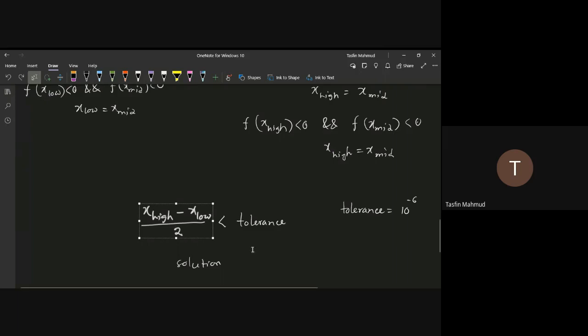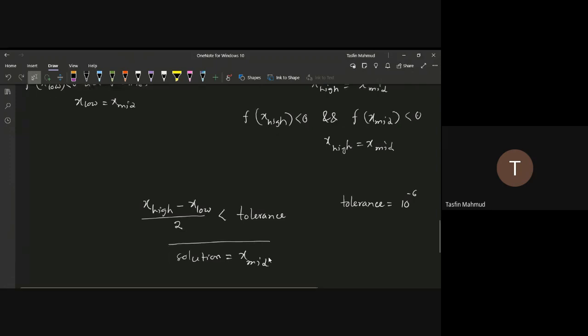So whenever this is less than the tolerance value, we can say our solution is that x mid. Then we can break from our loop and output this value as our solution of the root.